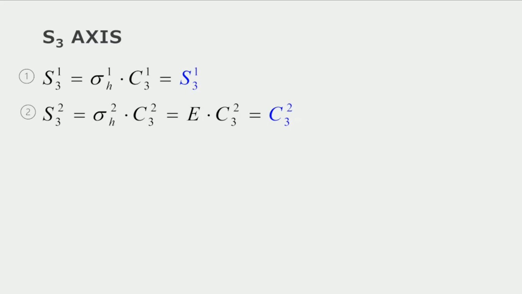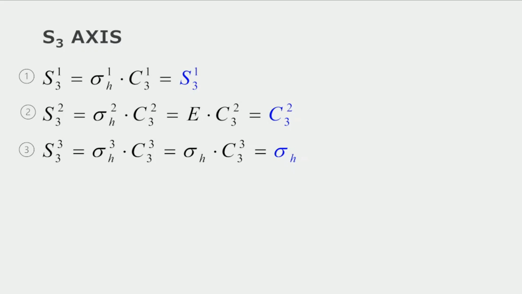That leads to the C3 square operation. Now if we continue our operation a third time, that is S3 to the power 3, which is equal to sigma h to the power 3 into C3 to the power 3. So that is equal to sigma h into identity, which is equal to sigma h.